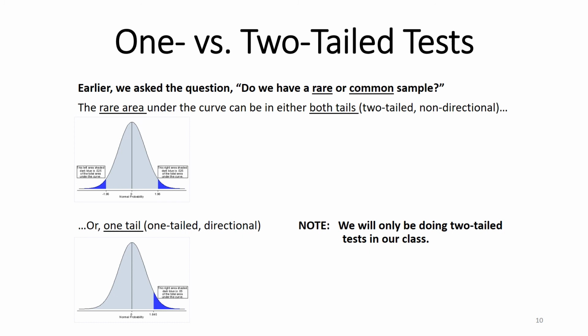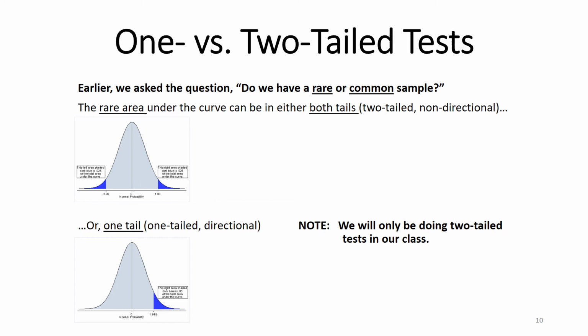You'll notice here it says the rare area under the curve can be in either, oh, that's a mistake, I should probably fix that, but I'll fix it later, can be in either of both tails. That is a two-tailed or non-directional. You'll notice that what they have there is, once again, the number 1.96. They have a negative 1.96 down on the lower left-hand side, and they have a positive 1.96 up on the upper side.